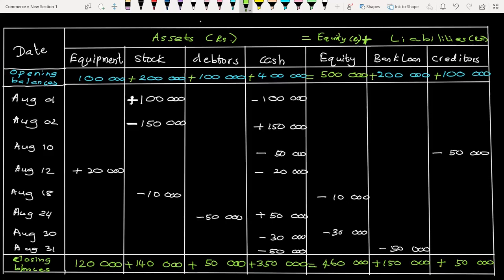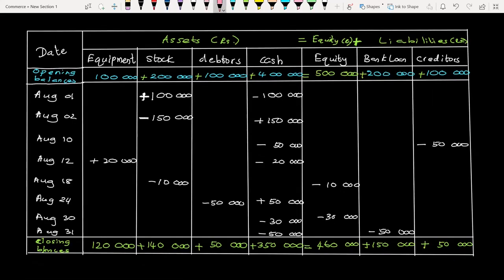Now let's check whether our accounting equation balances or not. So let's add all the closing balances on the left side of the equation.